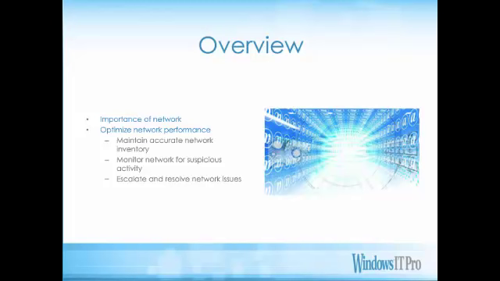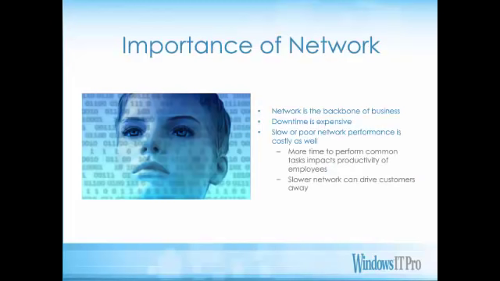I'm going to talk about the importance of the network to business in general, and why it's important to optimize, and make sure that you have an accurate inventory of what is on your network, that you monitor this activity, and that you have processes and procedures in place to make sure that you're escalating and resolving. So let's start off with talking about the network.